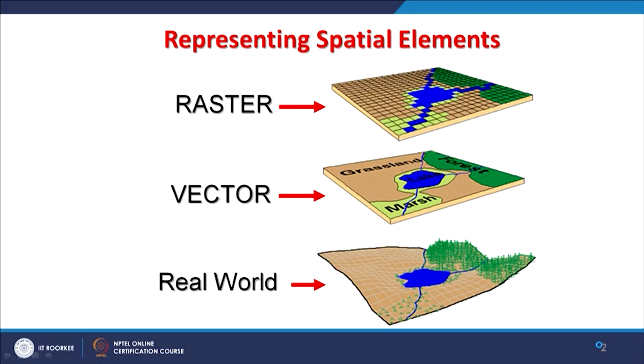If I want to convert the real world into vector, there are three entities, which we will also see in detail: point, line or polyline, and polygon. Through this we can represent the real world in the vector domain.